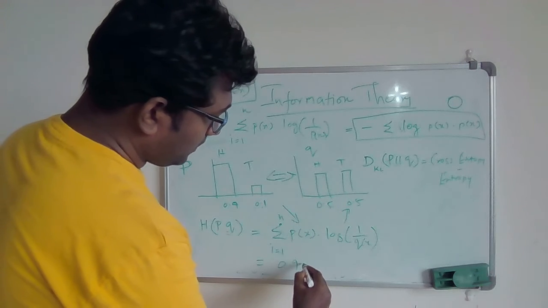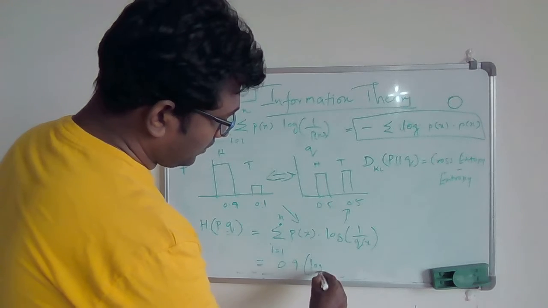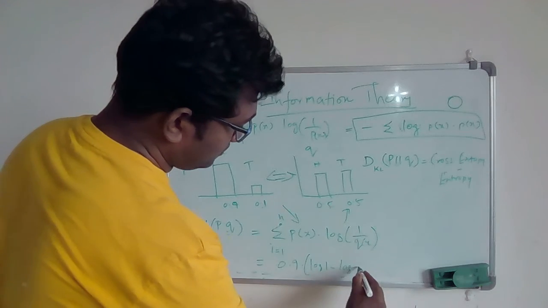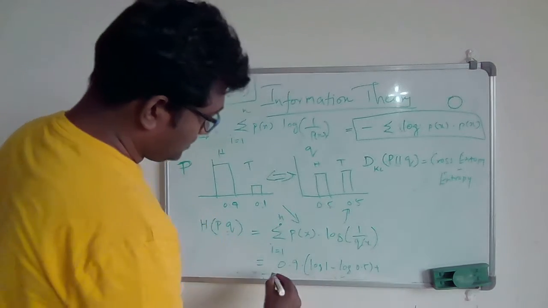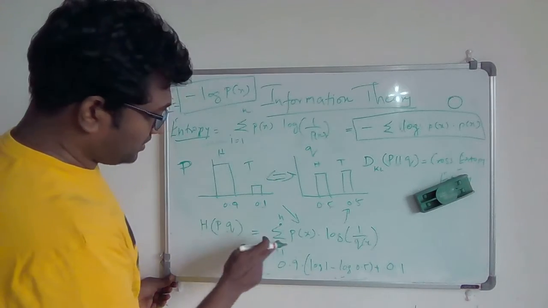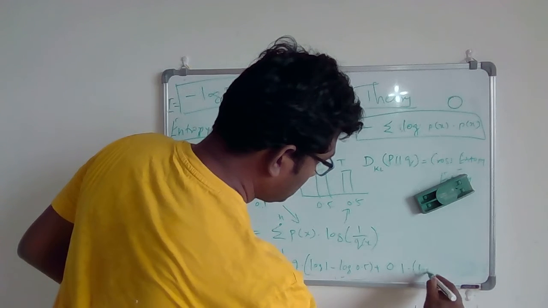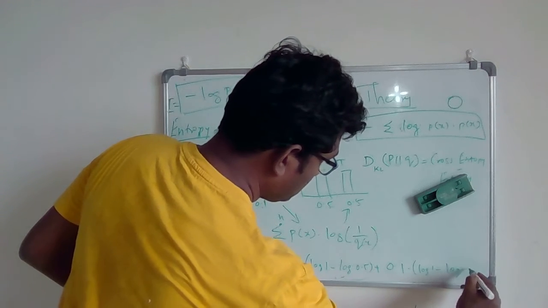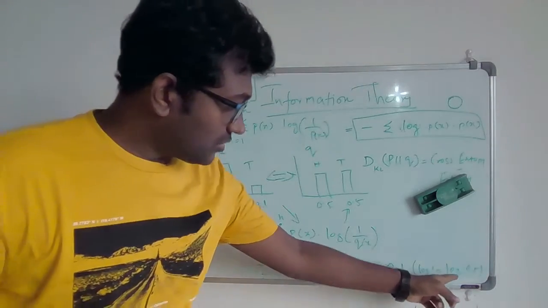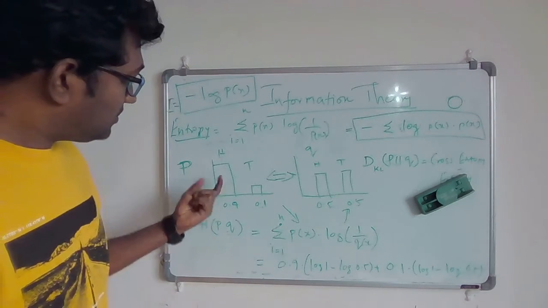So P of x into, let's just separate it, it's like log 1 minus log 0.5, because q of x is 0.5, the first value, plus 0.1, which comes from P of x, into log 1 minus log 0.5. So log 1 minus log 0.5 comes from this term, that is Q. And this P comes from this term, that is your original distribution.